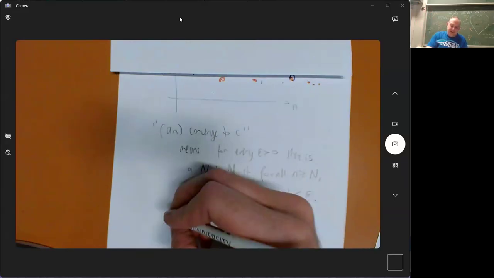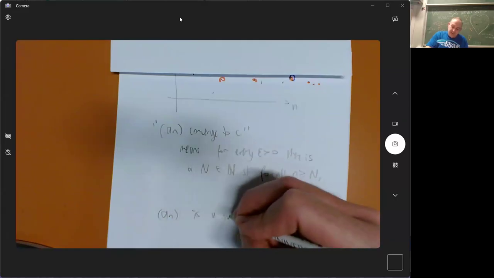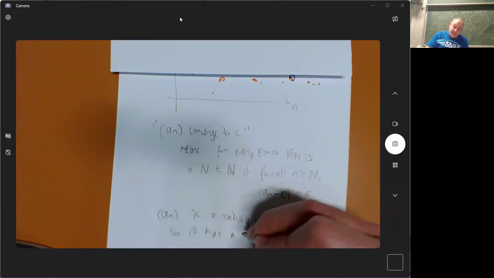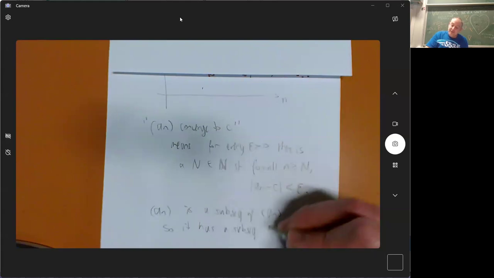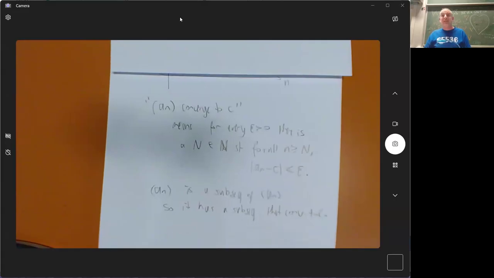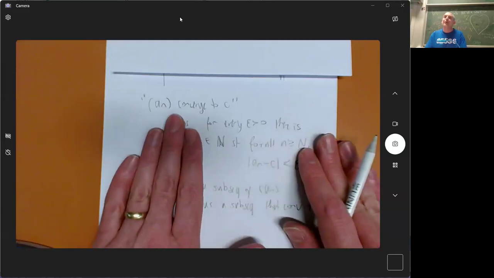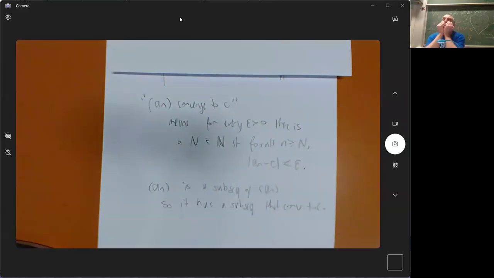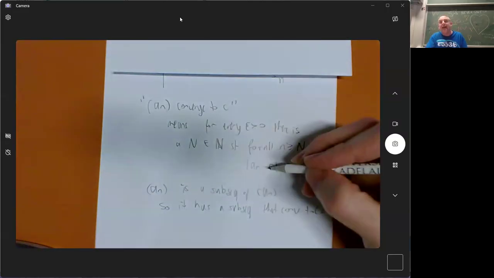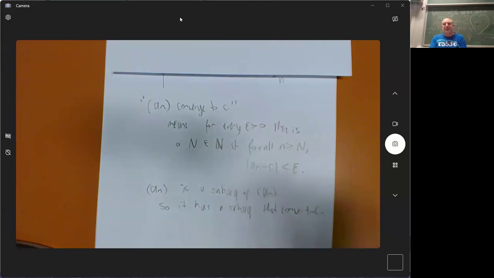Because a_n is a subsequence of a_n, so it has a subsequence that converges to C. We definitely know this to be true, based on what they told me. So there is definitely a subsequence for which this is true. So I could put a_{n_k} here, with a capital K and a little k, and that would work, right? There is a subsequence.